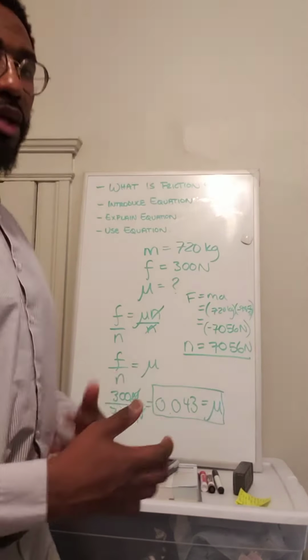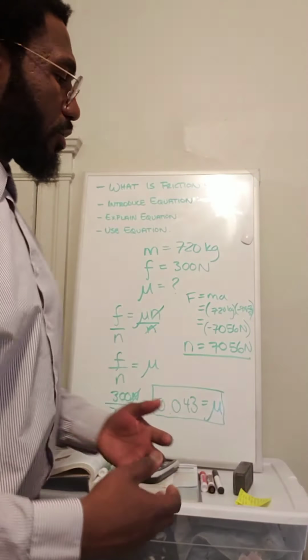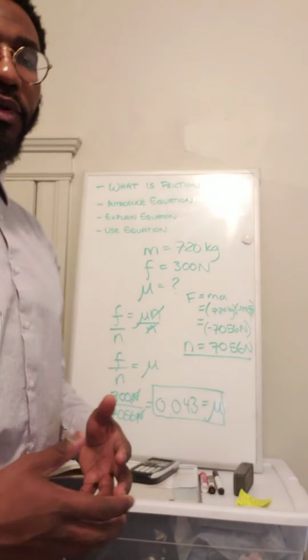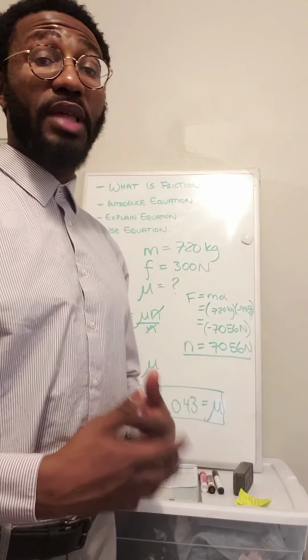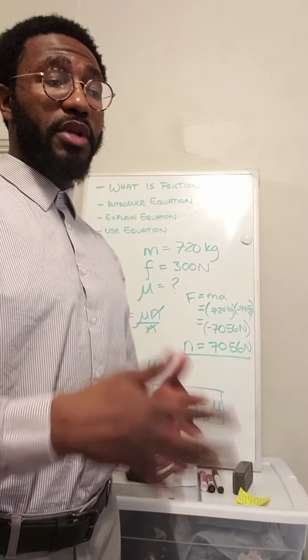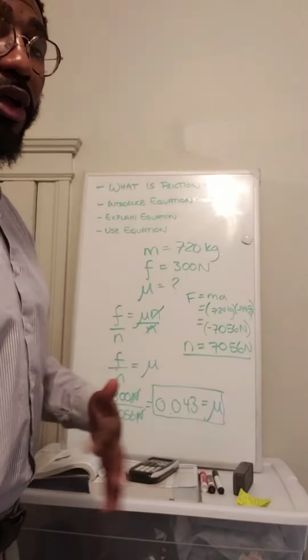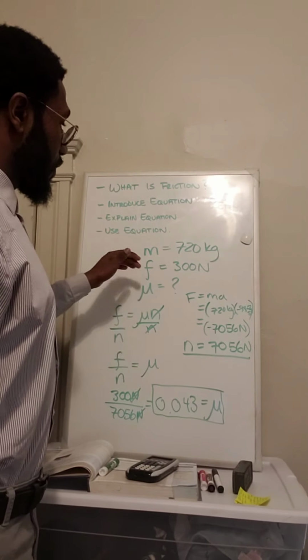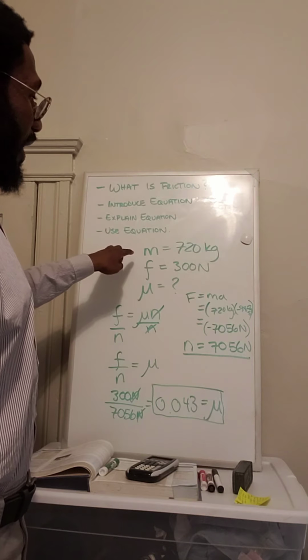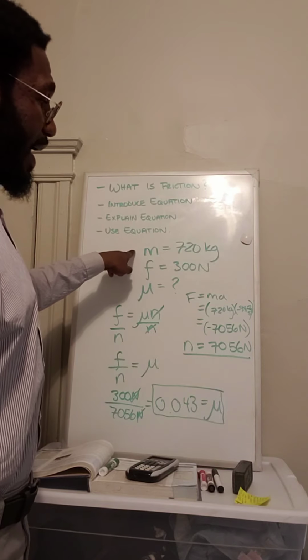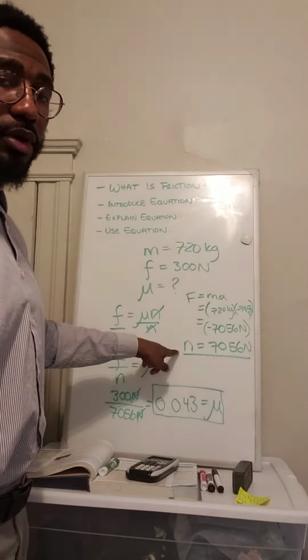So to summarize, right, friction itself is a force that resists the motion between two surfaces, okay? When we're solving our problems, you're going to want to make sure that you use the mass to find the normal force, okay?